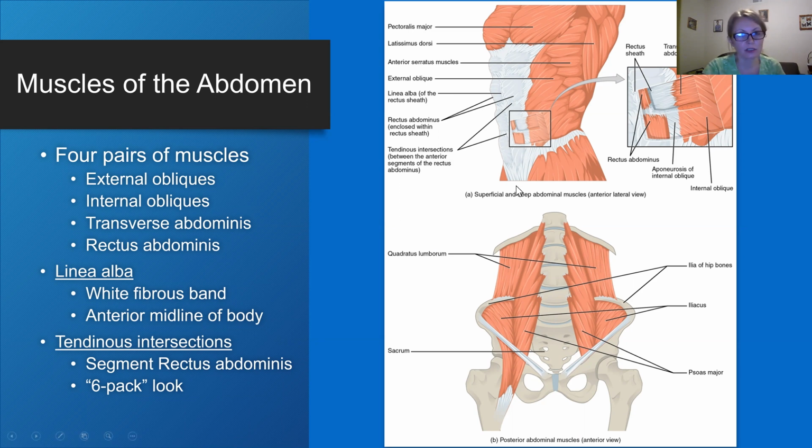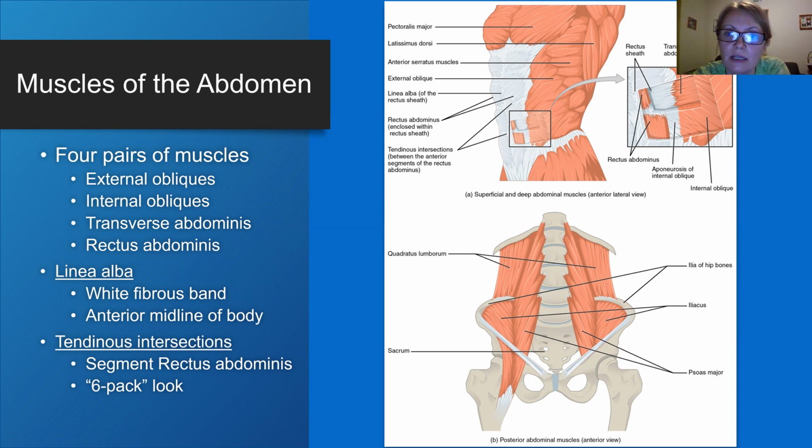Then on the side, you have 2 obliques: external oblique, and deep to it will be internal oblique. And the deepest one is transversus abdominis. So that's kind of under the internal and external oblique muscles. Over here, you can really see how the fibers go.